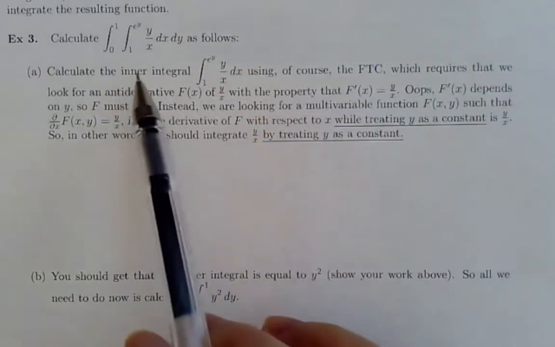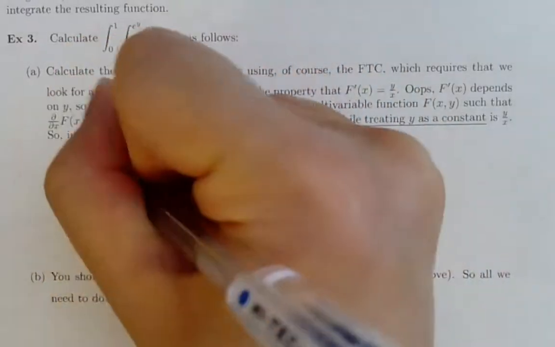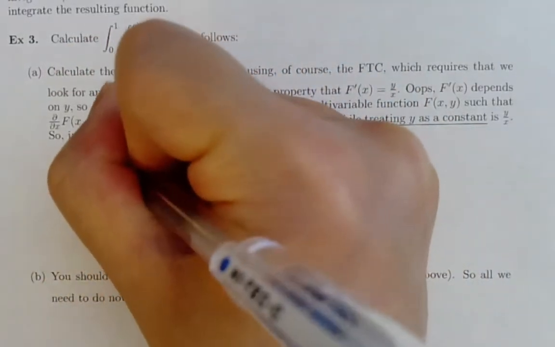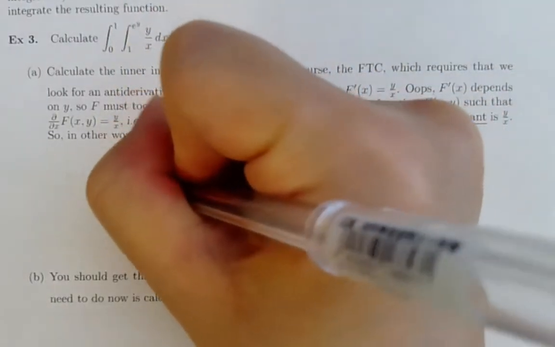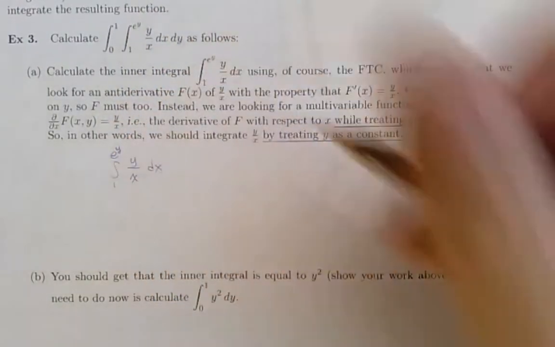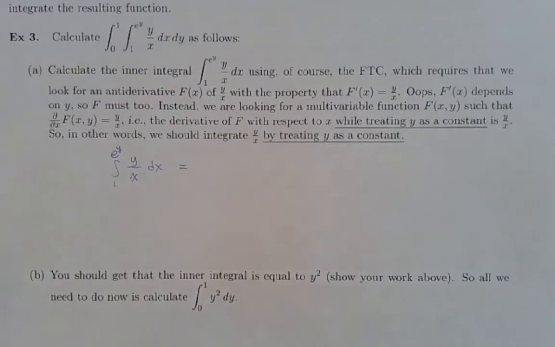We're going to evaluate the inner integral first. So that's the integral from 1 to e to the y, integrate with respect to x. So the question is, what is an antiderivative of y over x when we're integrating with respect to x?